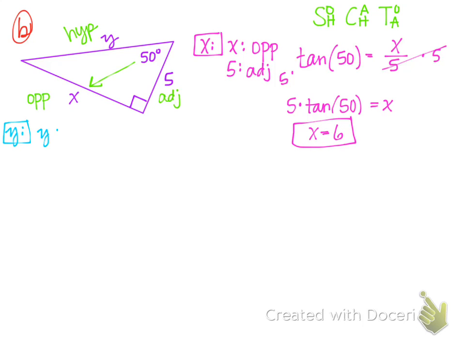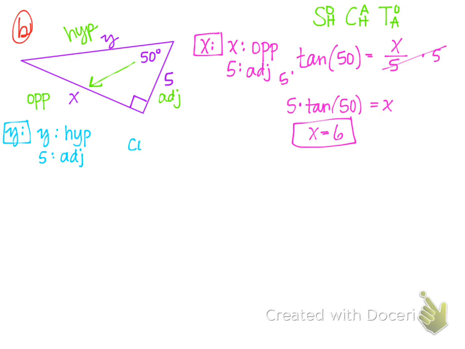We have to take what we're looking for and what we're given. y is our hypotenuse, and 5 is adjacent. Then we've got to decide which trig ratio has A and H in it. That's cosine, so we're going to use cosine. Let's set it up this time.